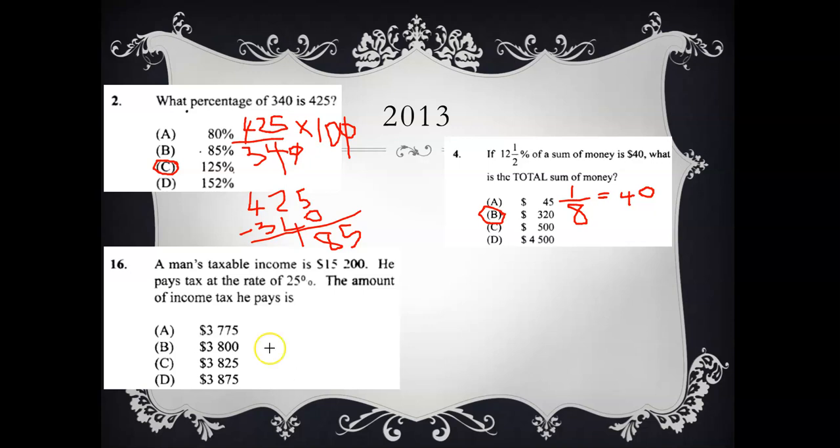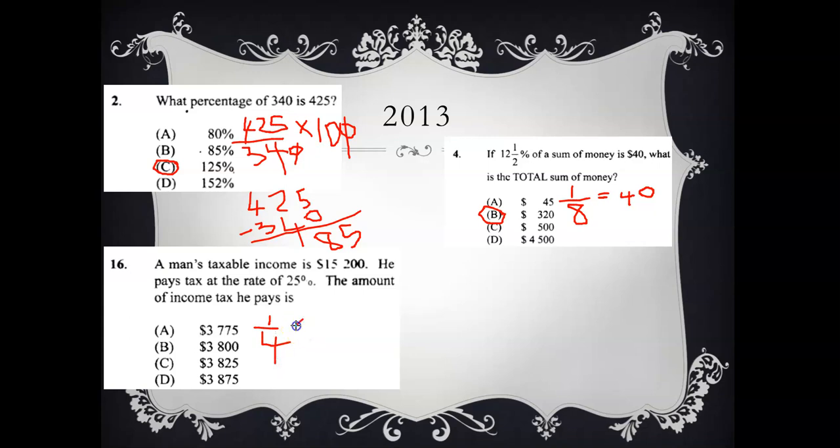Number 16. A man's taxable income is $15,200. He pays tax at the rate of 25%. What is the amount of income tax that he pays? So that means we're trying to find 25% of 15,200. 25% is the same as a quarter.